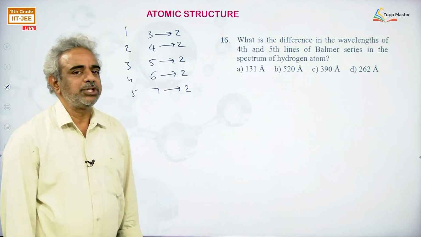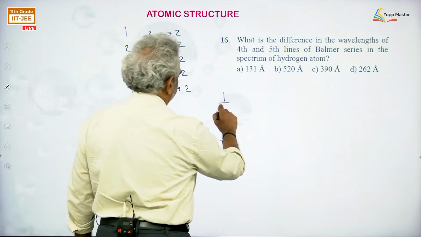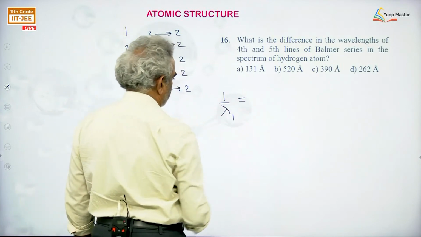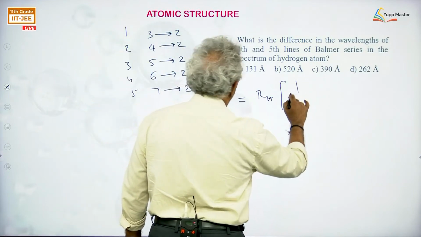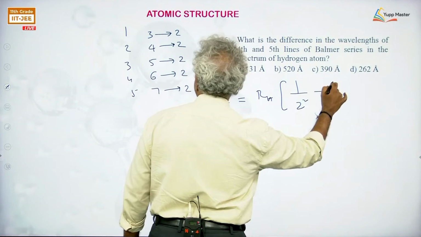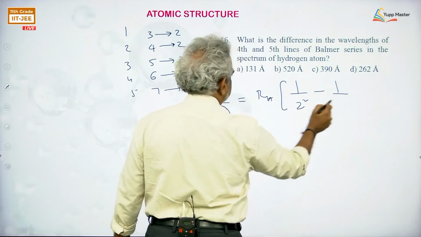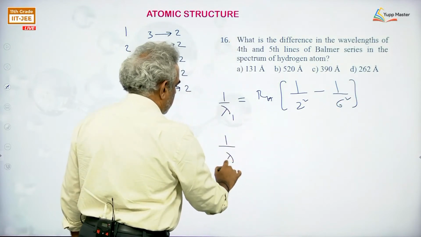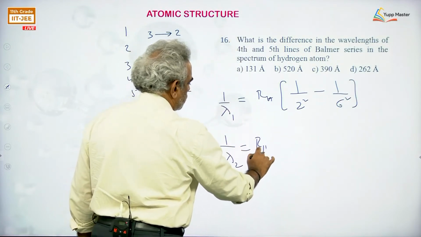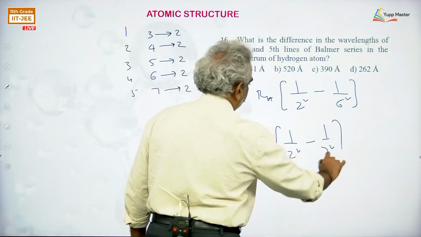For a given transition, how will you calculate the wavelength? 1 by lambda 1 is equal to RH into 1 by 2 square minus 1 by 6 square. Calculate lambda 1, then for lambda 2, 1 by lambda 2 is RH into 1 by 2 square minus 1 by 7 square.